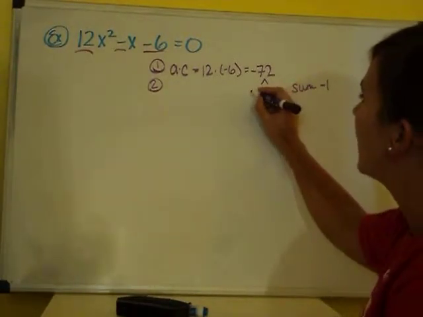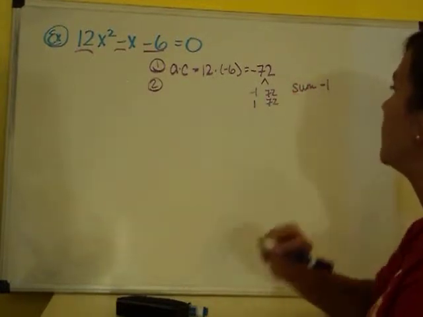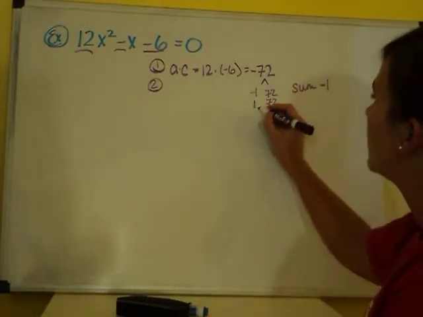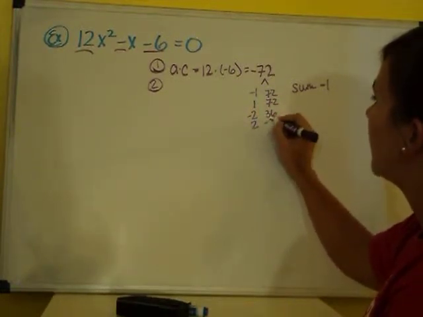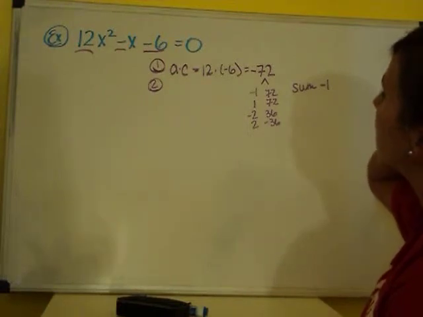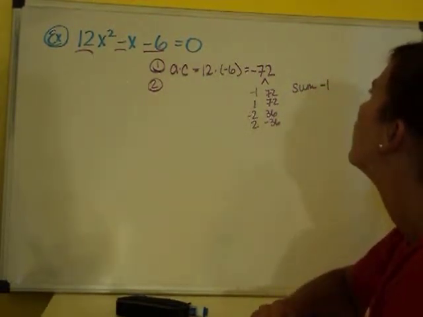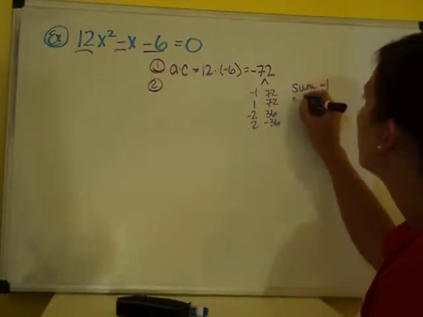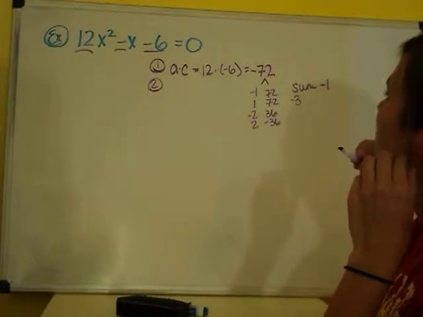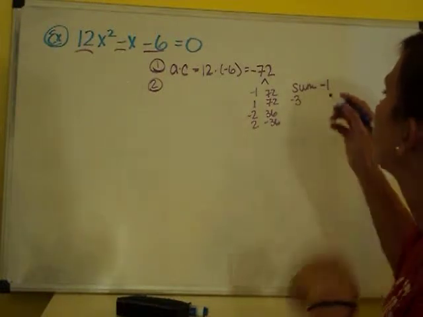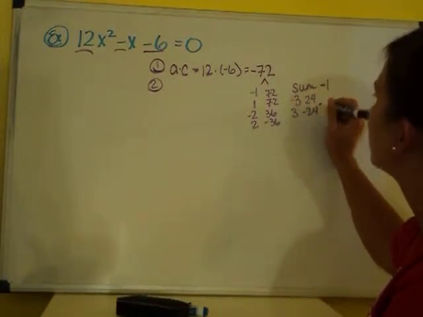Okay, so I have negative 1 and 72, 1 and negative 72. I have negative 2 and 36, 2 and negative 36. I have 3 and negative 24.